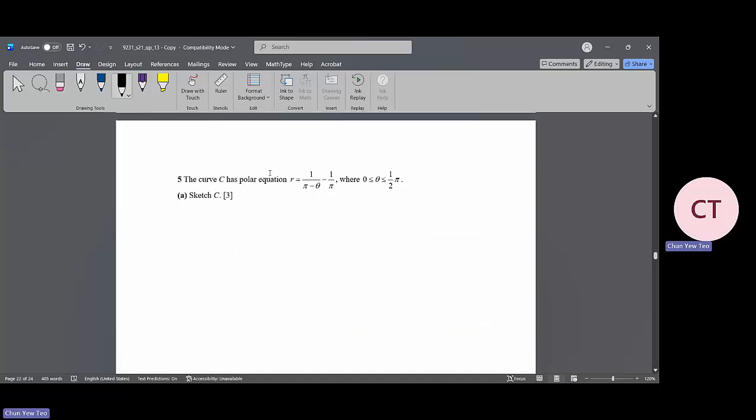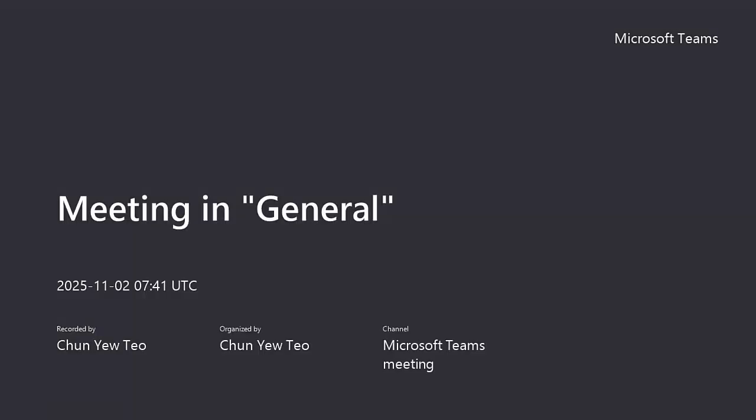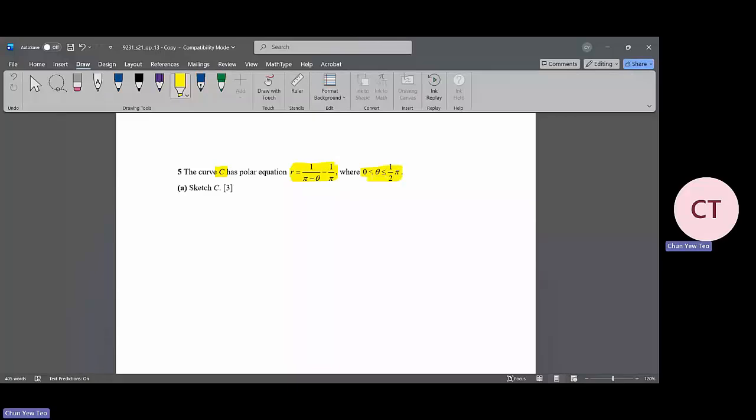Moving on, we have a question number 5. It's between 0 to half pi. We want to sketch the graph of the C. So for these questions, usually we just need to draw a table and calculate the value by using calculator.